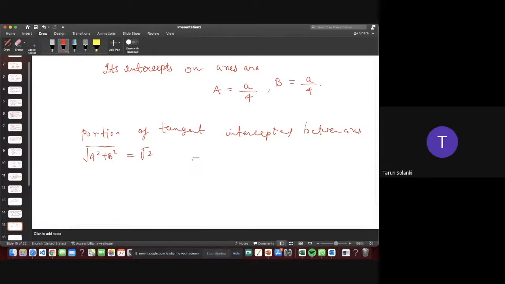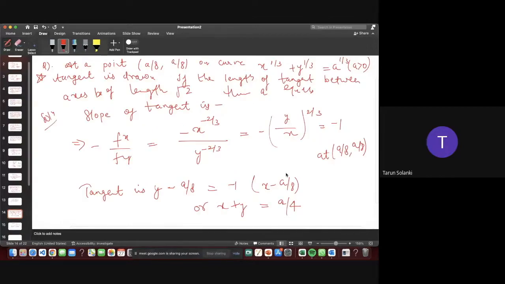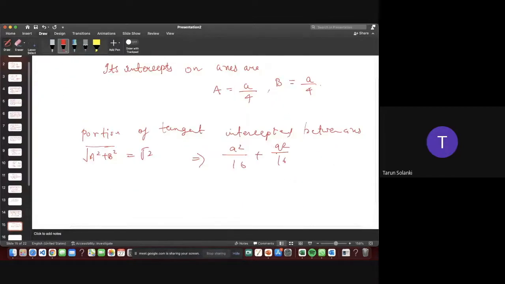So here the equation will become a square by 16 plus a square by 16, because both the given points are in terms of a. In the question, it is given a by 8 and a by 8. Okay, so this equals 2, right?